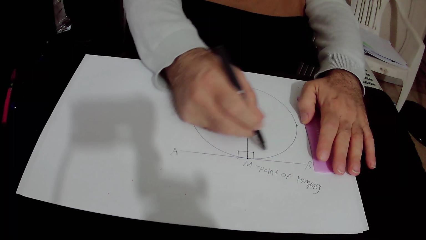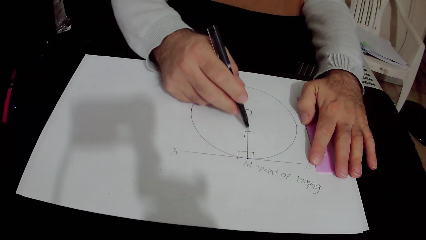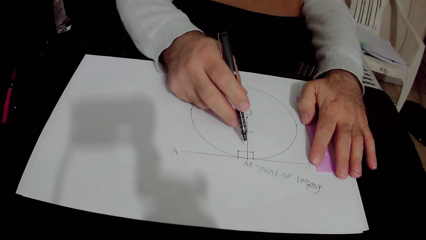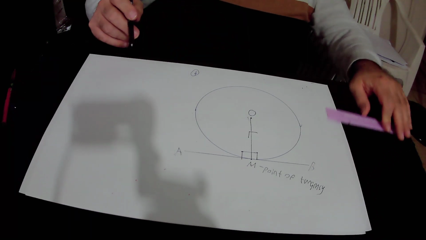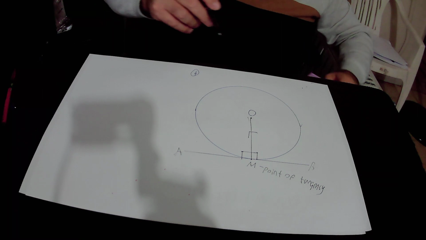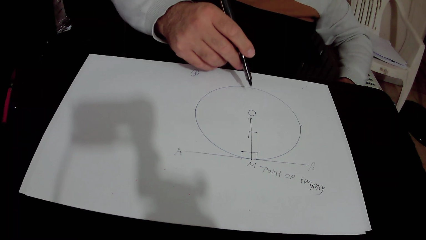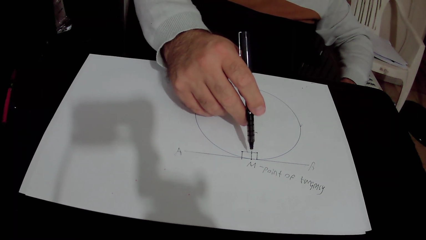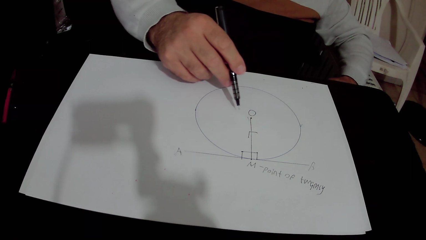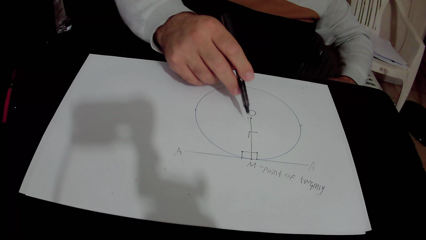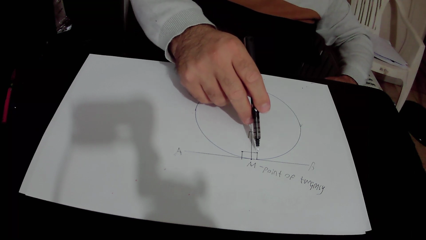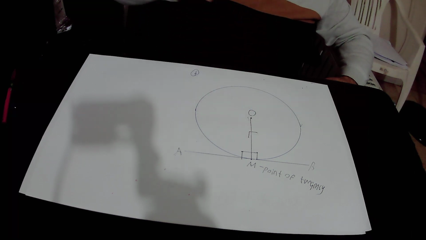As you can see, tangent AB is perpendicular to this radius from both sides of the radius. So whenever you have a radius that is drawn to the point of tangency, the tangent will be perpendicular to the radius.